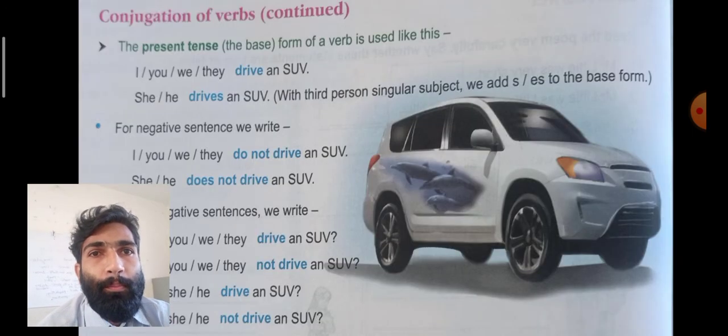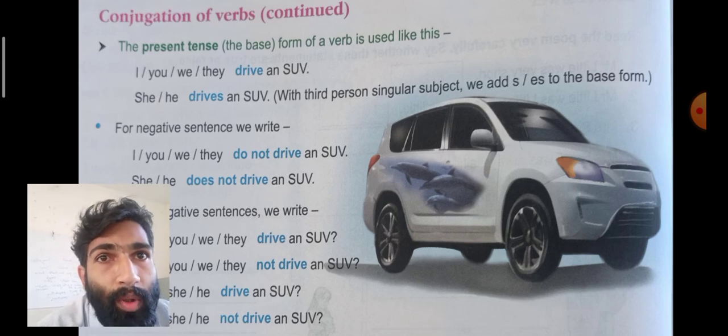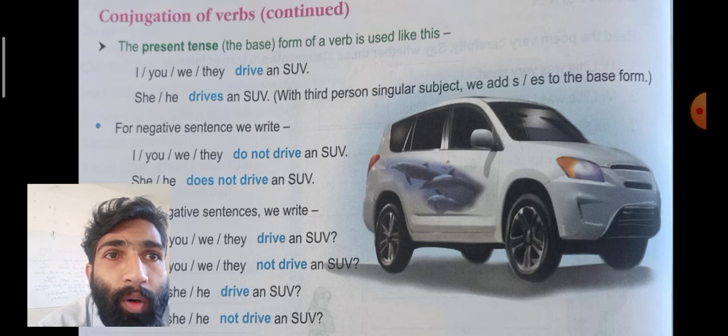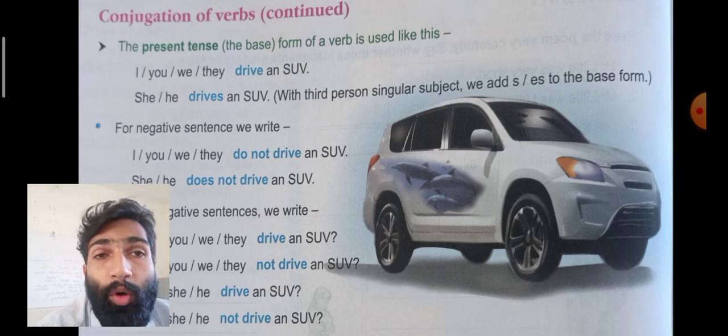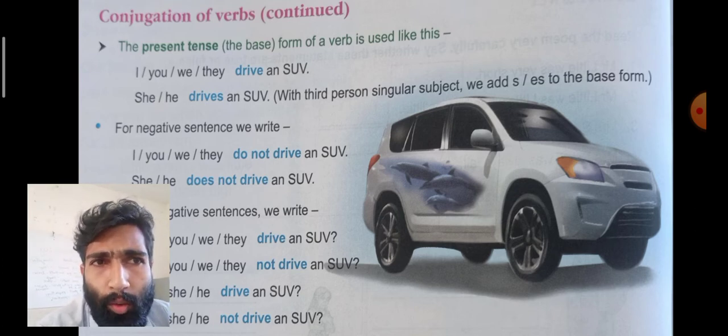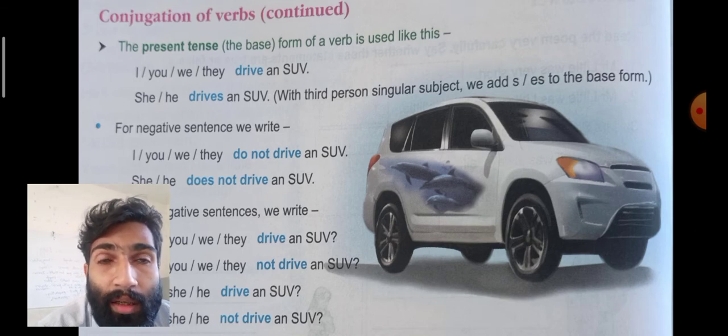Next, conjugation of verbs. In the present tense, the base form of a verb is used like this: I, you, we, they drive an SUV. I think I already told you that if there is I, we, you, they, we have to use the do form. If it's he, she, it, then we have to use the does form.